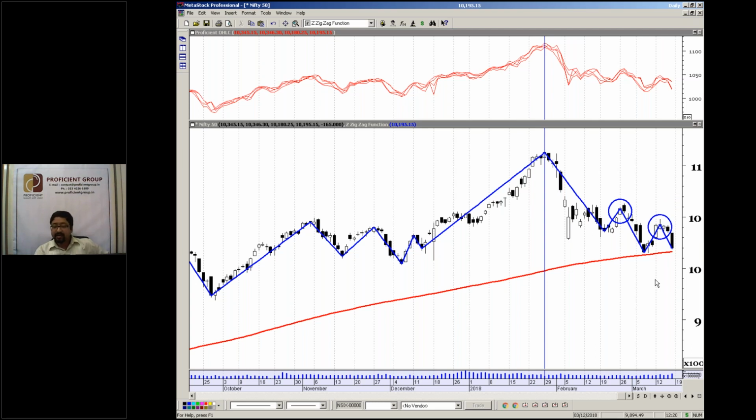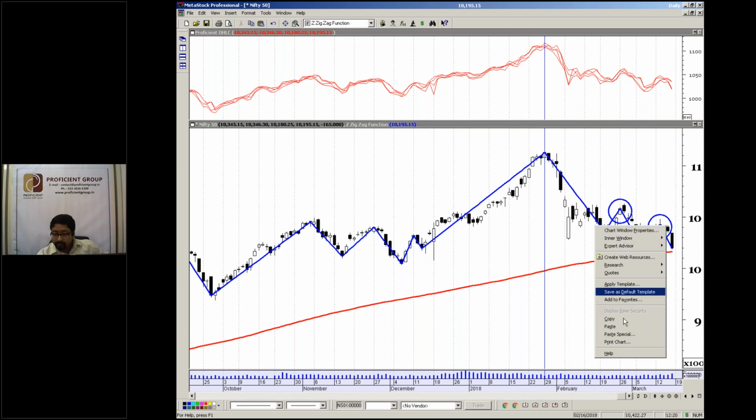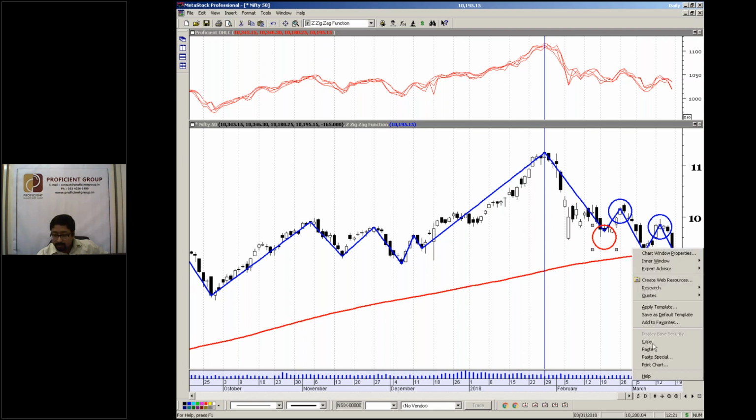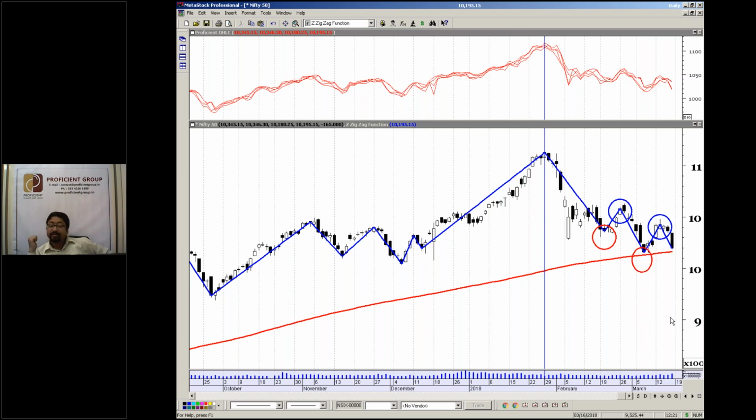So you can see there are a series of lower tops, and you can see also the bottoms. The tops I have done in blue, the bottoms I have done in red, right? So you can see the series of lower tops and lower bottoms. The tops are progressively getting lower and the bottoms are also progressively getting lower.